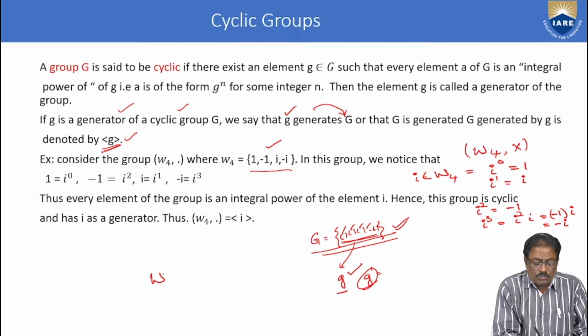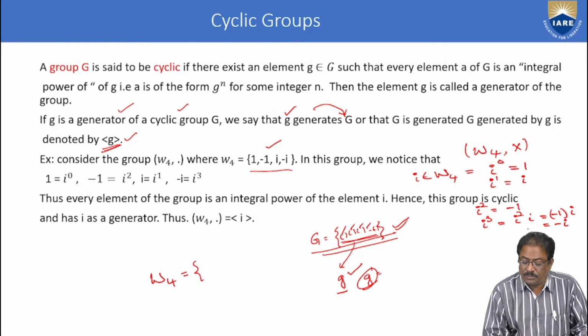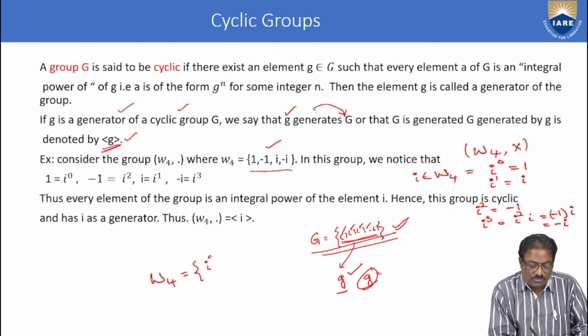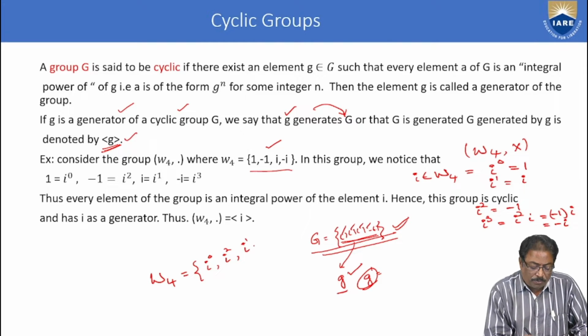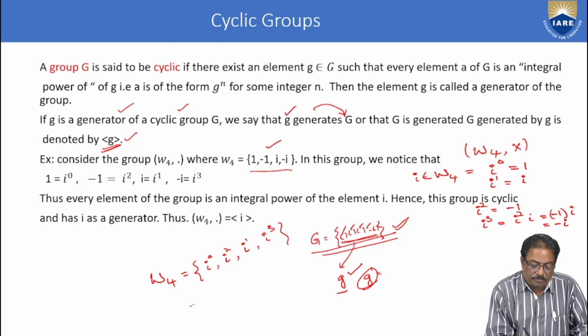Now I am going to represent all the elements of W4. The first one, 1, I represent as i power 0. Minus 1 I represent as i square. Next I represent i as i power 1, and minus i as i cubed.